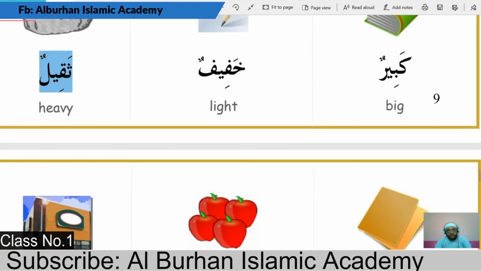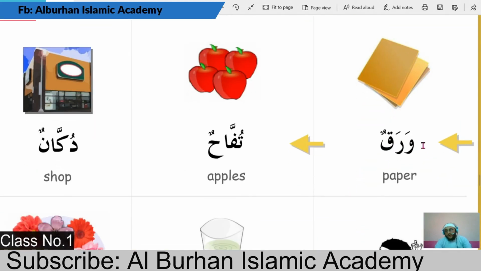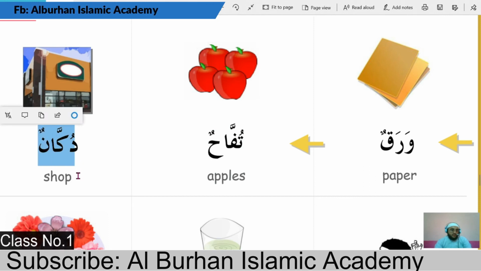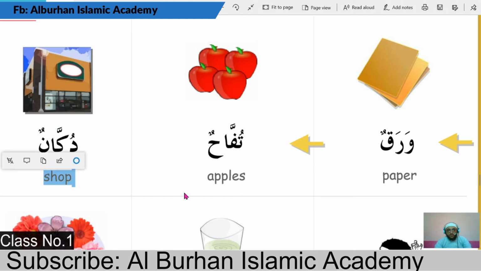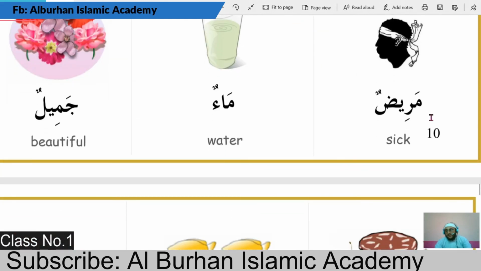Next, ورق. ورق used for paper. تفاح. تفاح used for apples. دكان. دكان used for shop. مريض. مريض used for sick.